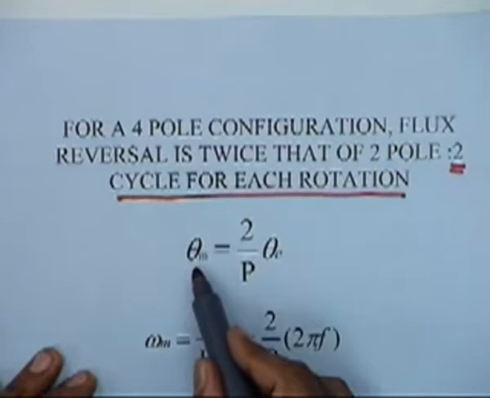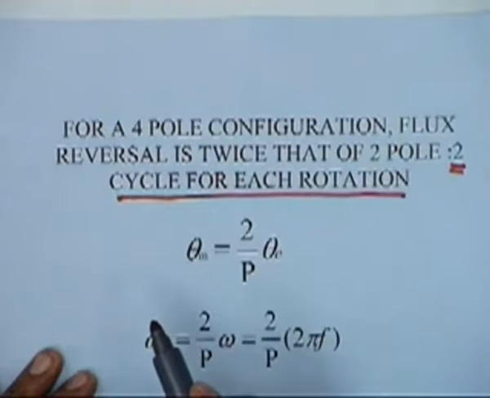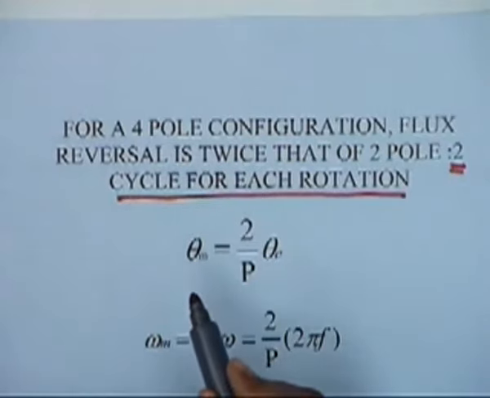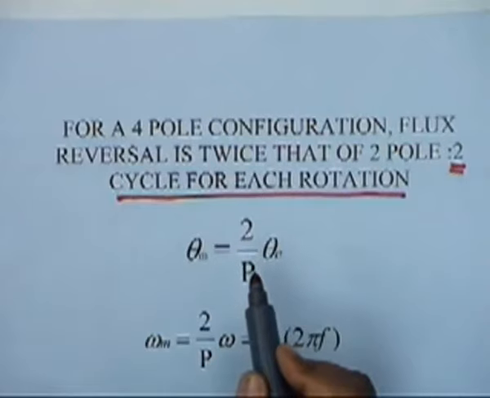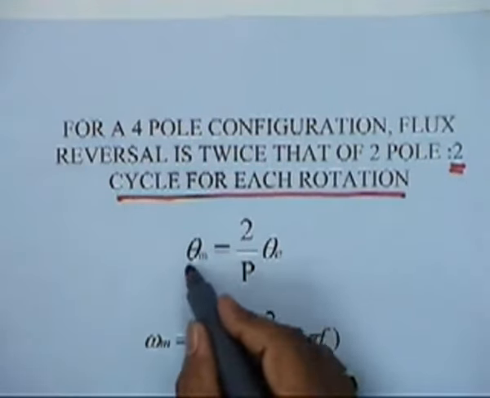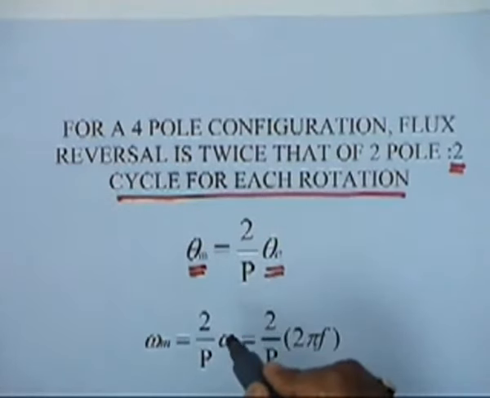So we define what is known as theta mechanical and theta electrical. That means if you rotate 360 degrees mechanical, then you will have 720 degrees electrical. So we have a relation of theta mechanical and theta electrical.